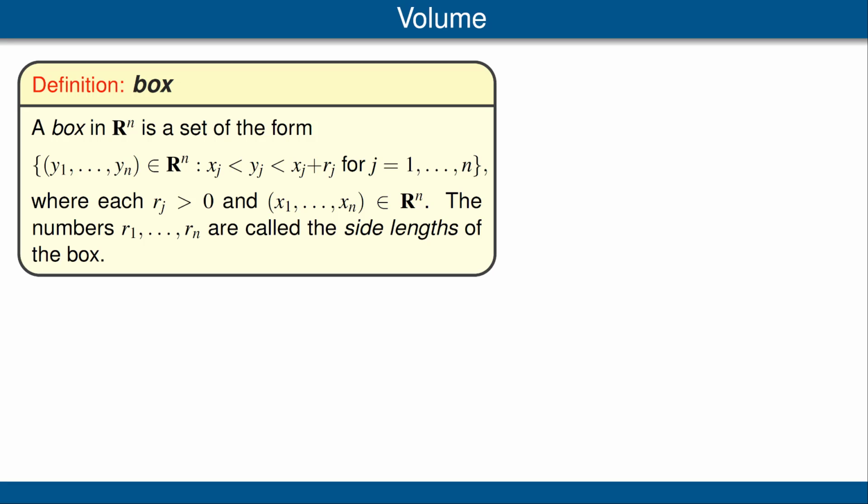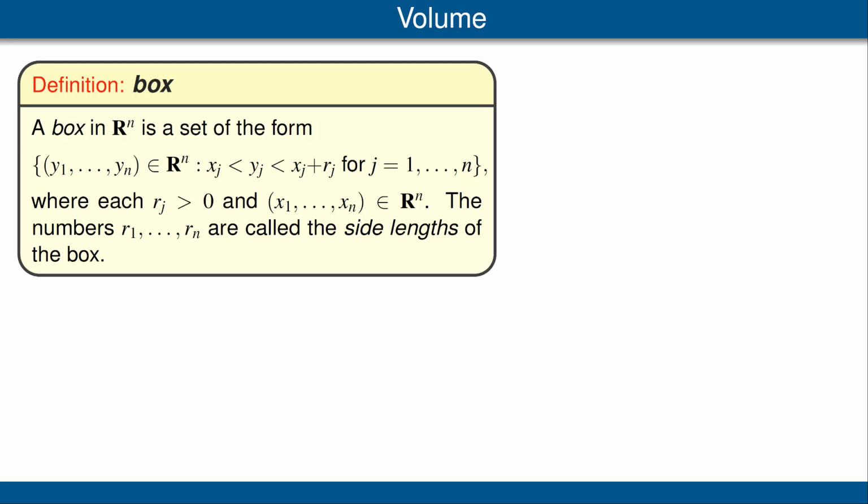In that case, our box is just an interval with left endpoint x1, and the length of the interval is r1. Now suppose n is equal to 2. In that case, our box is just a rectangle. The lower left-hand corner of the rectangle will be the point x1, x2, and the sides of the rectangle will have lengths r1 and r2.